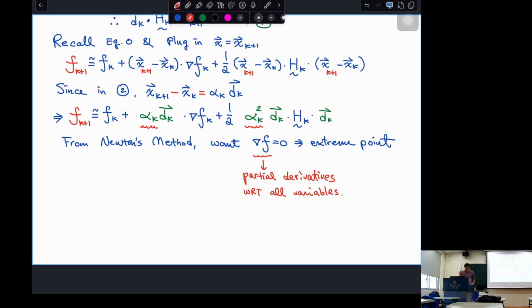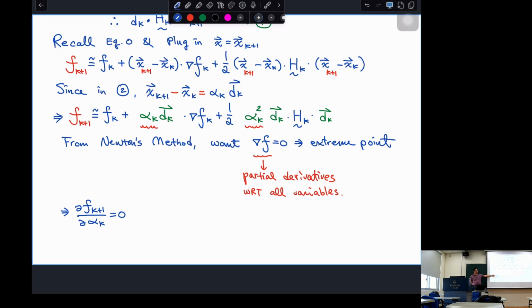So if we want gradient f equals to 0, then we also want this as well. The particular equation that we just derived, and we take the first order partial derivative with respect to alpha k.